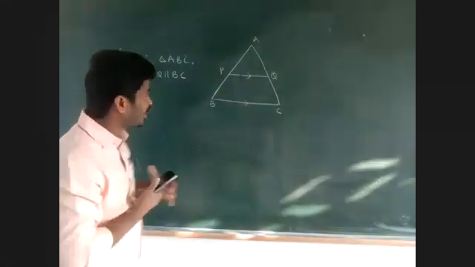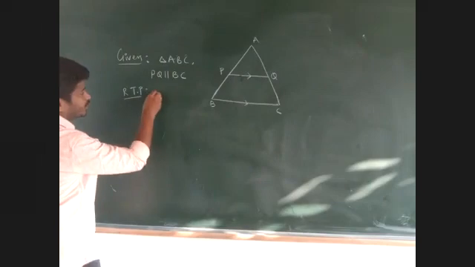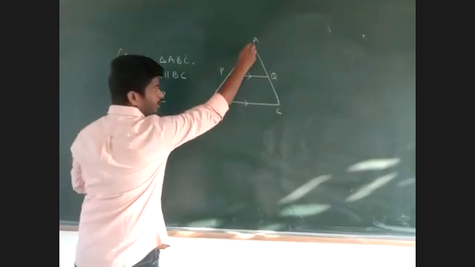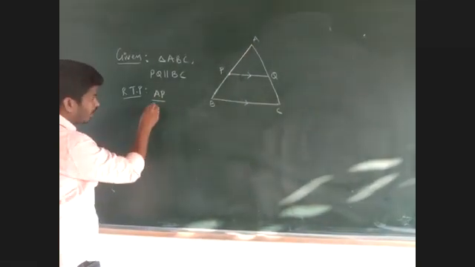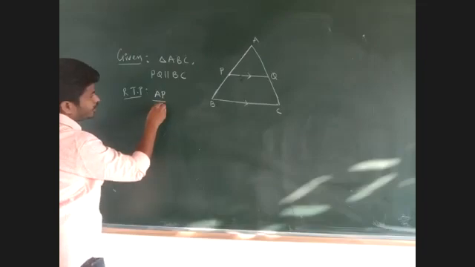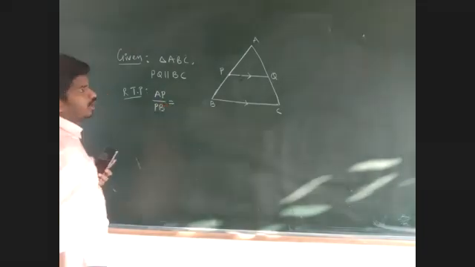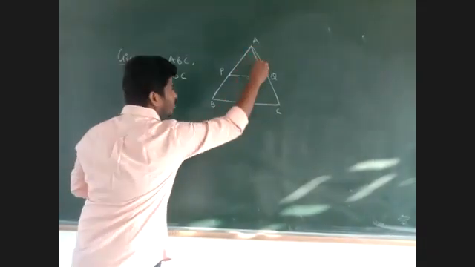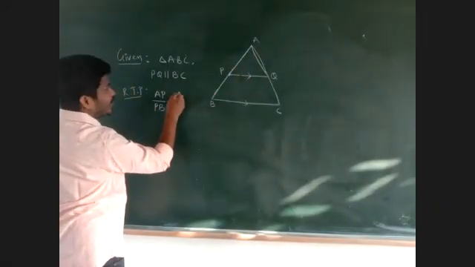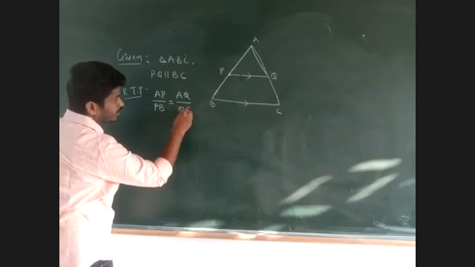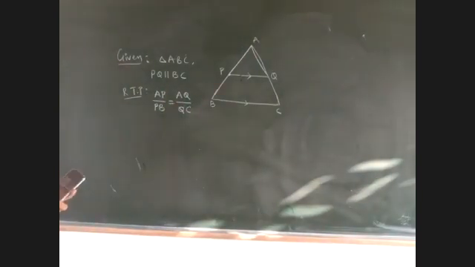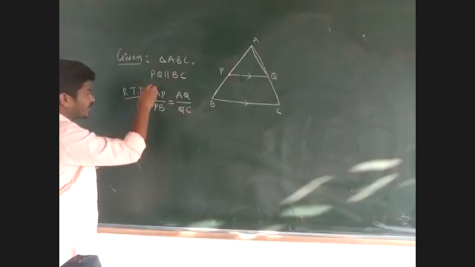Same ratio means, tell me the RTP: AP by PB, very good, equal to AQ by QC. That is the RTP, required to prove. This is the basic proportionality theorem formula.